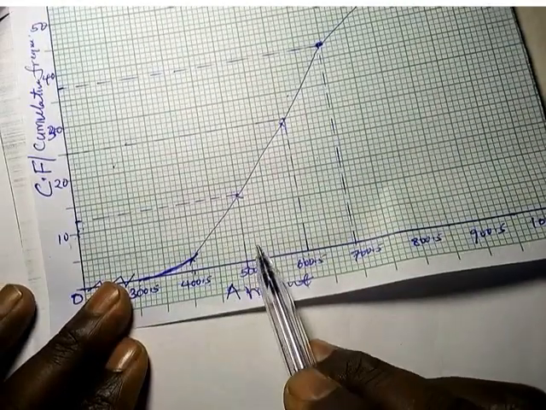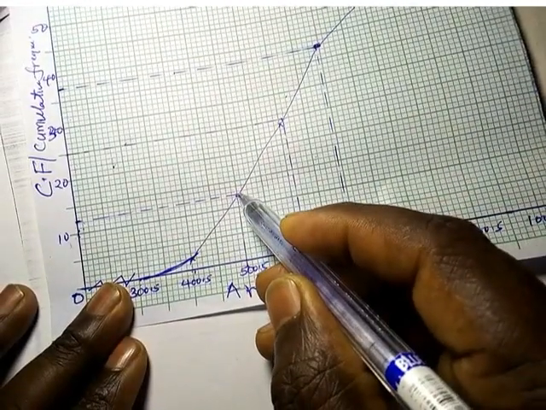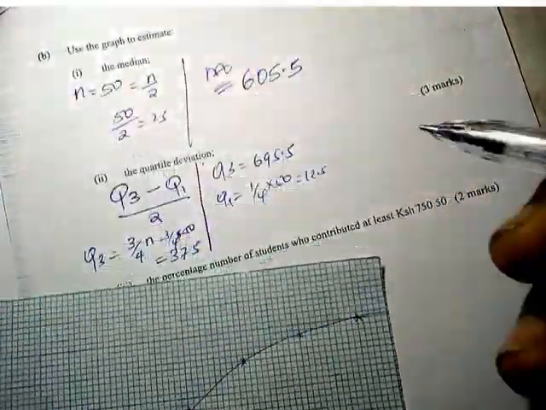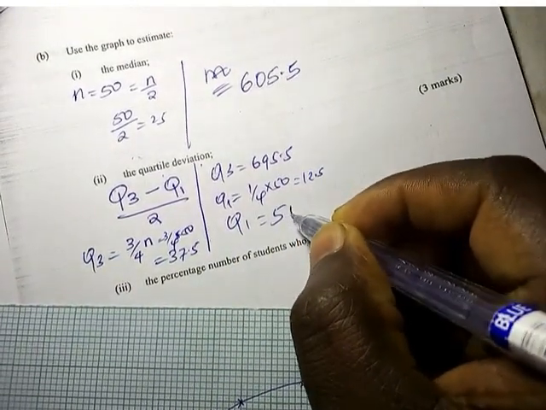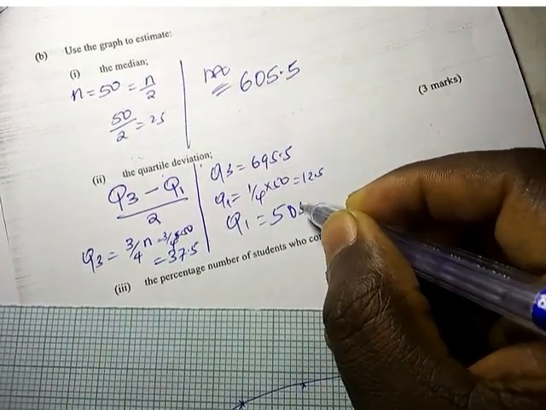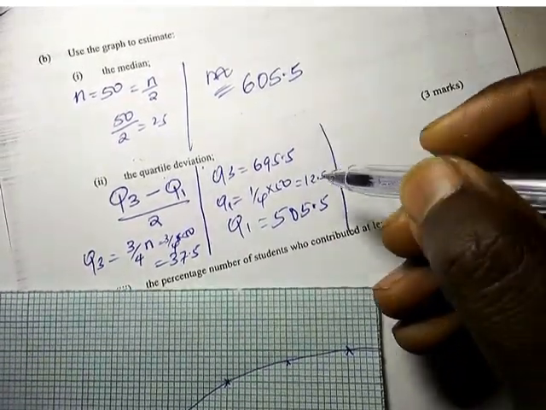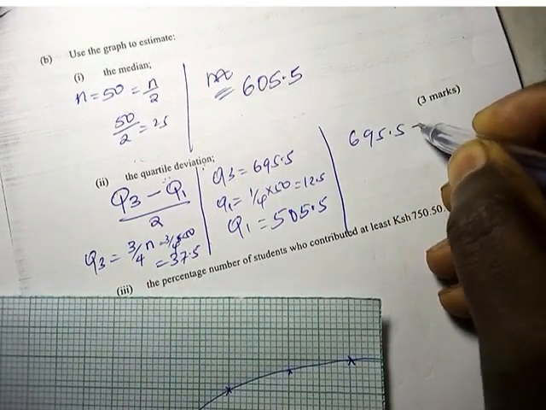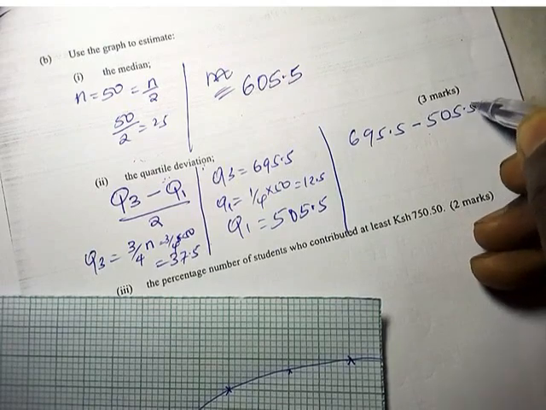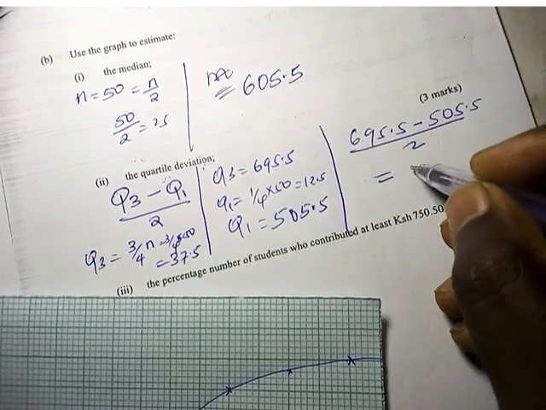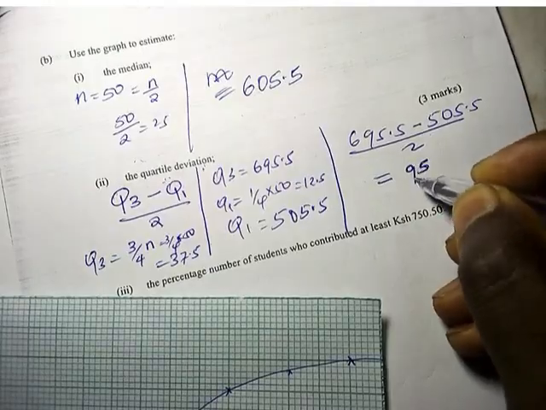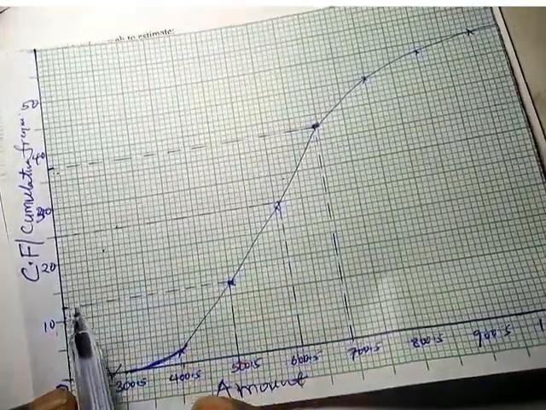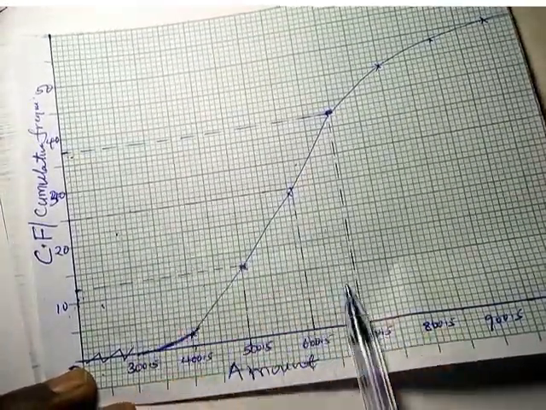According to me, it is 500, but I think it is 500.5. Nimekunja kidogo. So Q1 is equal to 505.5. Now, to get the quantile deviation, Q3, which is 695.5 minus 505.5, divided by 2. That one will give 95. So that is the quantile deviation. I have shown you how to get the upper quantile and the lower quantile from the graph. This is how you do it.